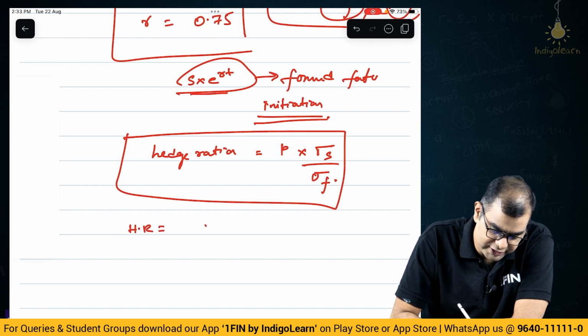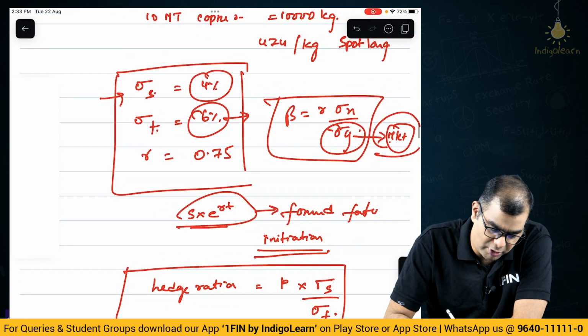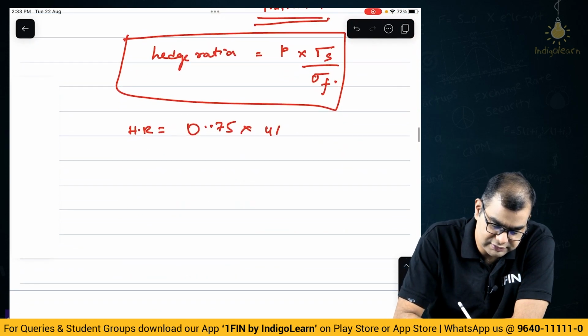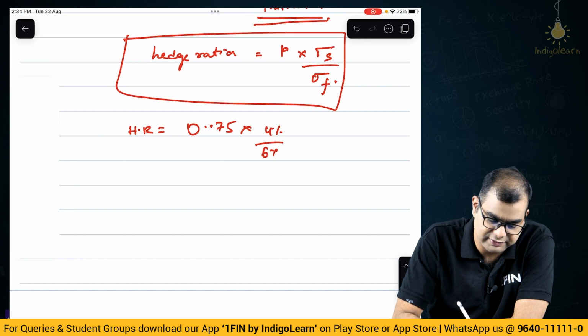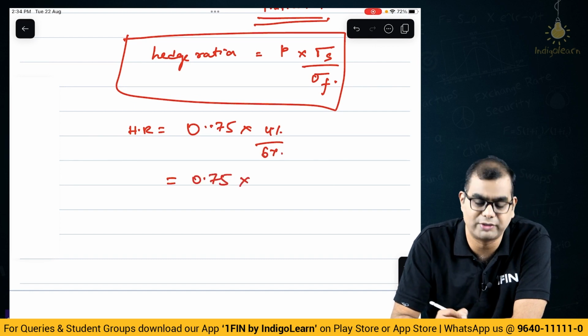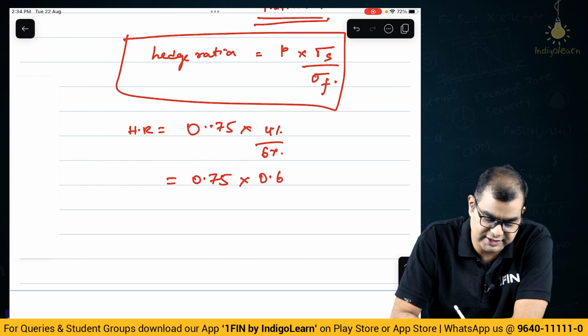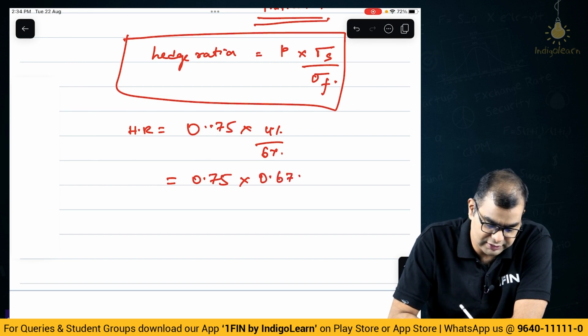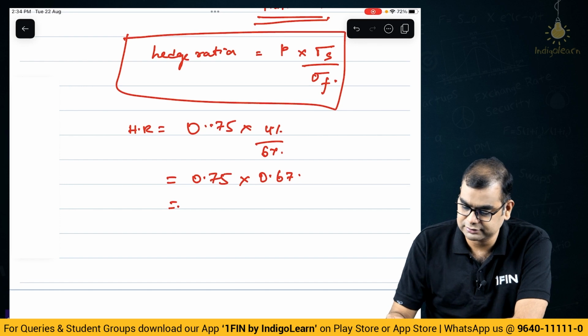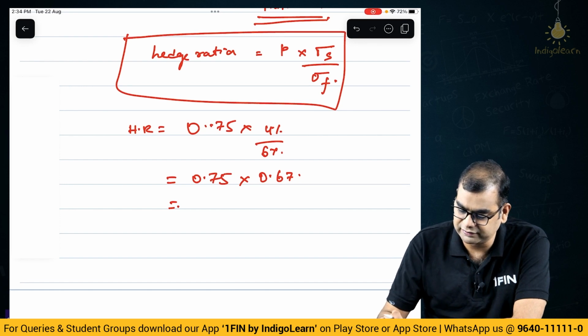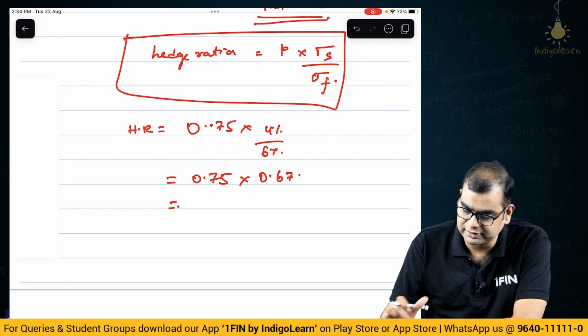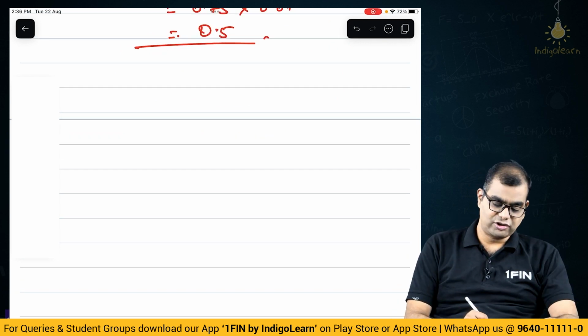What is rho? 0.75 into standard deviation of spot is 4% by 6%. That is 0.75 into 4 by 6, which is 2 by 3, that is 0.67, correct? So that will be 0.75 into 2 by 3, which is 0.5. So hedge ratio is 0.5.